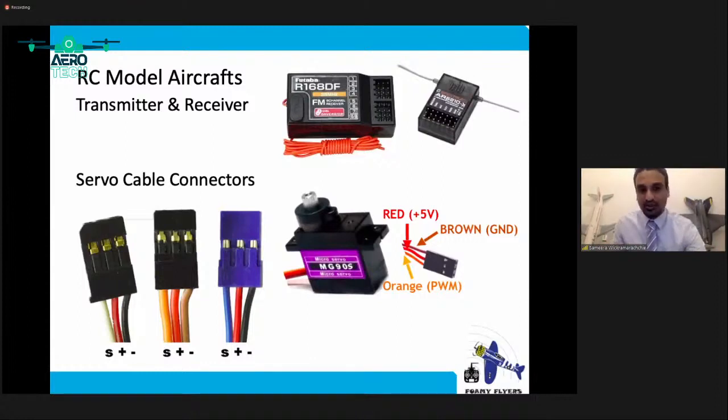But nowadays you can get cables which have orange, red, and brown as well, and there are older versions which had blue, red, and black. But any of these has to be connected in the right orientation. The white one carries the signal, and red and black are for positive and negative power.